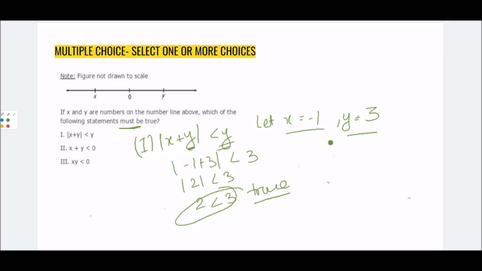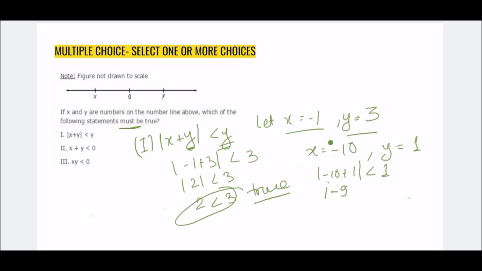What if x is greater in number and y is less? If x is equal to minus 10, and consider y is equal to 1. So now find out modulus of minus 10 plus 1 is less than 1.